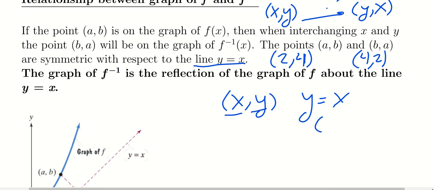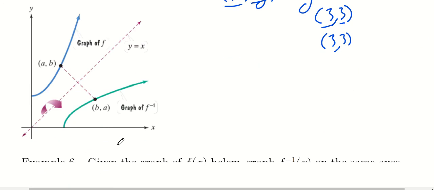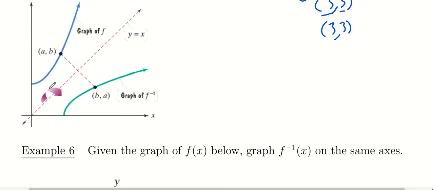For example, 3 comma 3 is on the line y equals x because it satisfies that equation, right? You plug in 3 for x, you plug in 3 for y, and you get the same numbers that are equal. Well, if you take those x and y values and you interchange them, you still end up with the same point. And in math, there's a term for that. It's called an invariant.